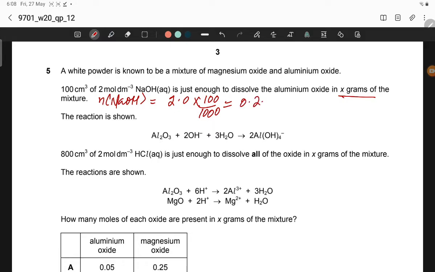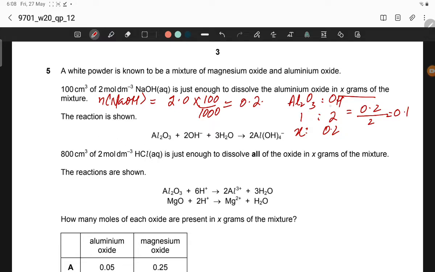And moles of aluminum oxide, Al2O3 to OH, this is 1:2, and this is 0.2, ratio x. 0.2 divided by 2 is equal to 0.1.